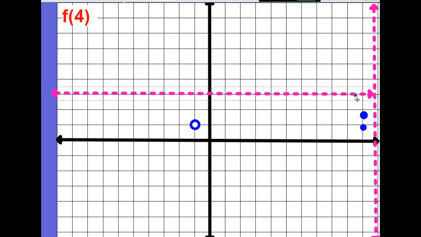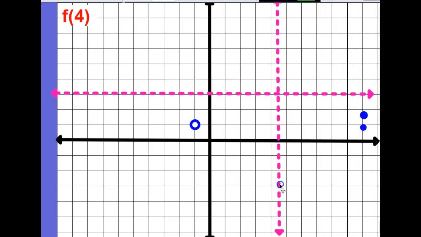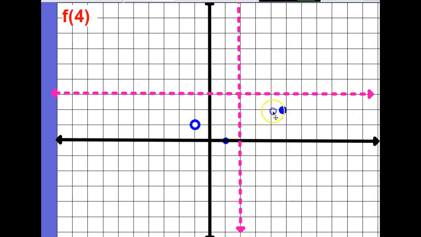That's indicated with a dotted line. I have a horizontal asymptote at y equals 2. I have an x-intercept. I have a y-intercept at 2/3.